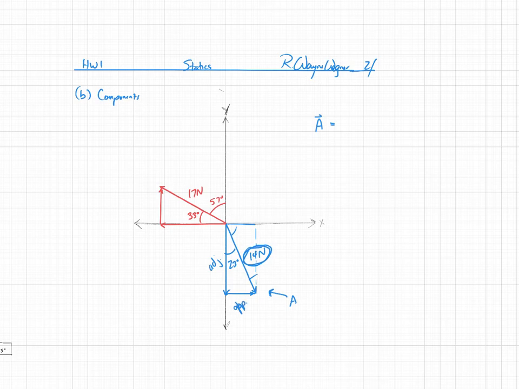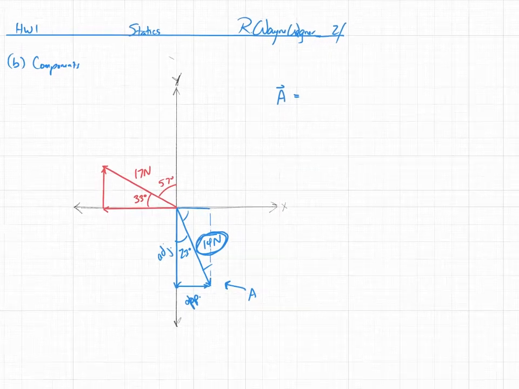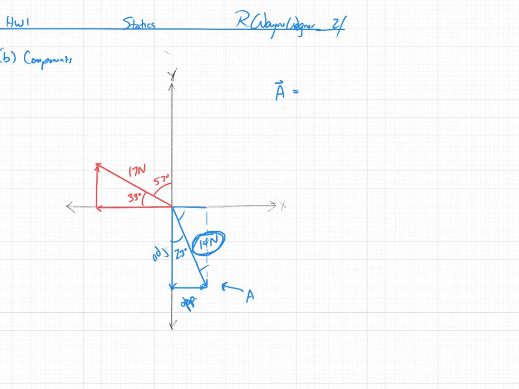I know my trig. So here's a triangle. I've got 14, and an adjacent over here, so I need a cosine. Cosine theta equals adjacent over the hypotenuse.